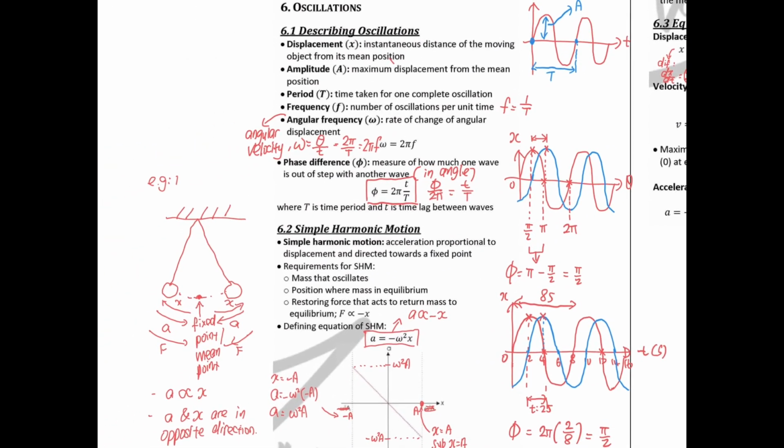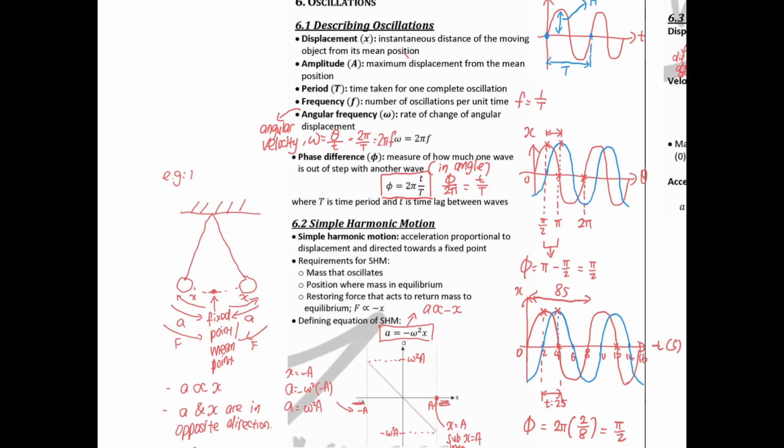Maximum velocity at equilibrium means this point. Imagine when the pendulum bob swings around, it is the fastest at this point, and then 0 at this point, 0 at this point.